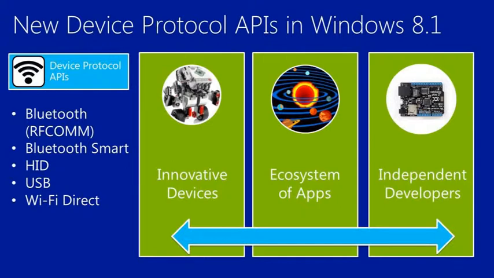And these are all done over Microsoft inbox drivers. Imagine prototyping a peripheral with an app written in JavaScript with HTML without needing to write a custom driver. There are various talks on scenarios and protocol APIs that you may want to explore in this conference.